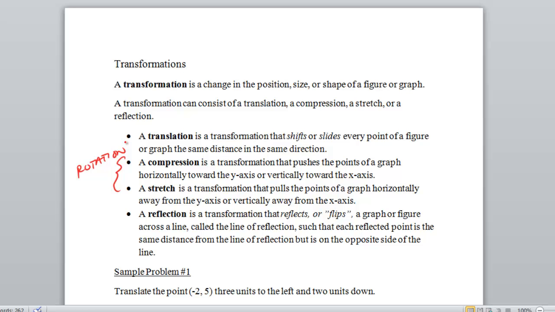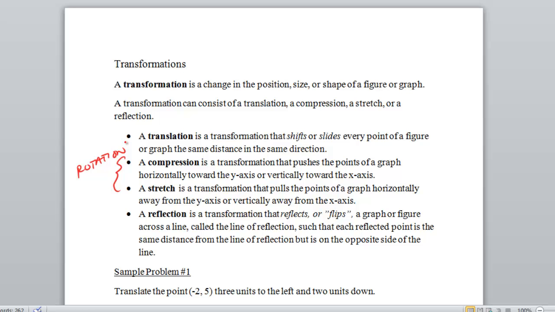Regardless, it'll move or rotate a little bit, the particular function that you're working with. Now, this has a different look to it depending on what type of function you're dealing with, and so we tend not to use the word rotation so much in algebra as we did in geometry, and so that's why we break it up into compression and stretch.